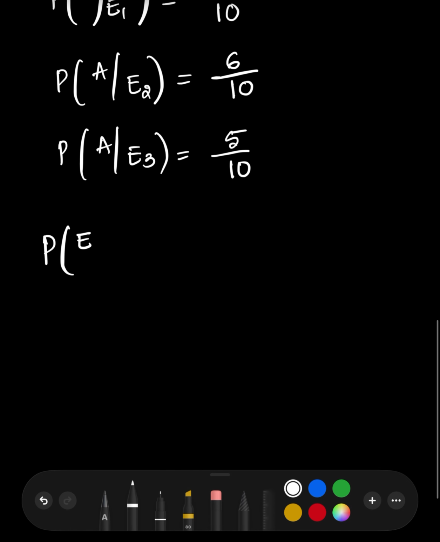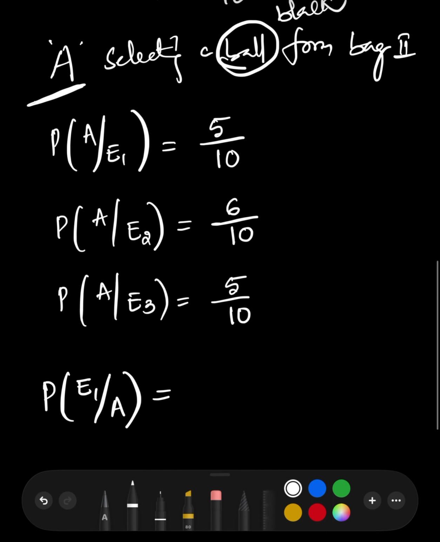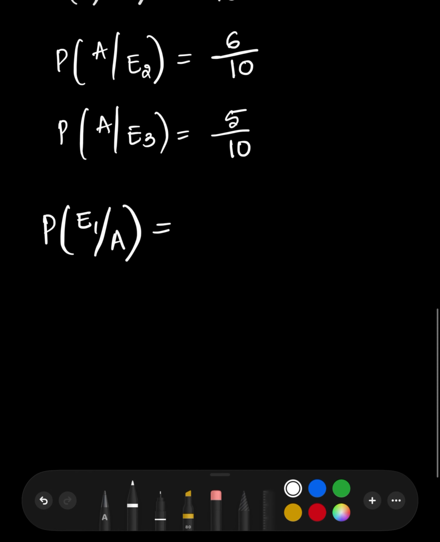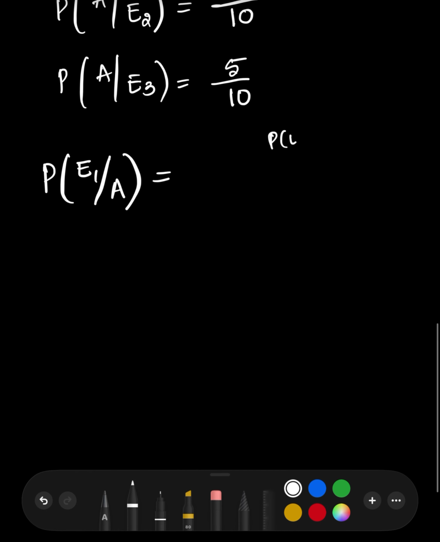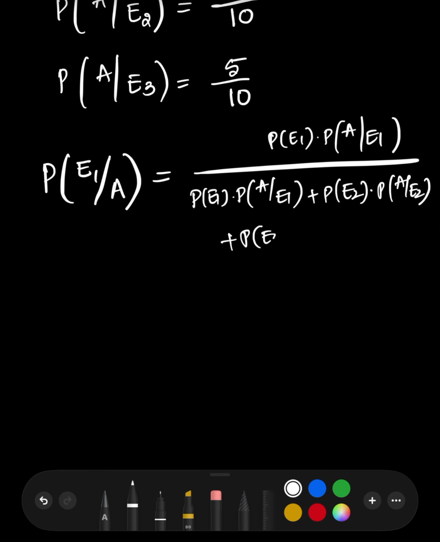So what it is asking is P of E1 given A, which is P of E1 into P of A given E1, divided by P of E1 into P of A given E1, plus P of E2 into P of A given E2, plus P of E3 into P of A given E3.